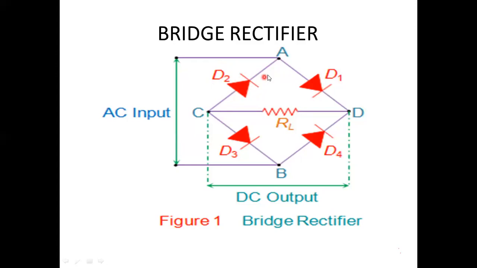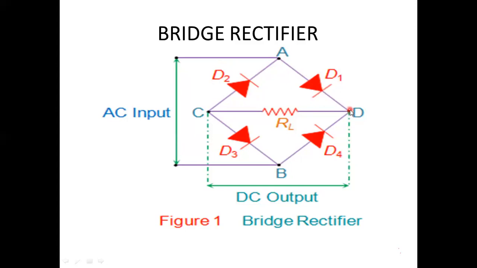The current flowing through this part is 0. So all the current will flow through diode D1, which is forward biased, and this diode will conduct for the positive half cycle, and it will reach point D.